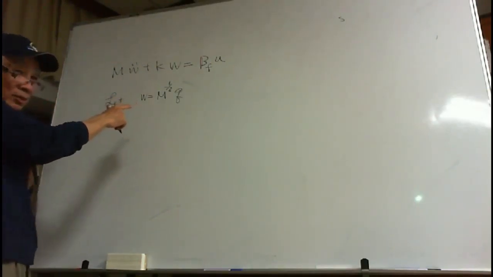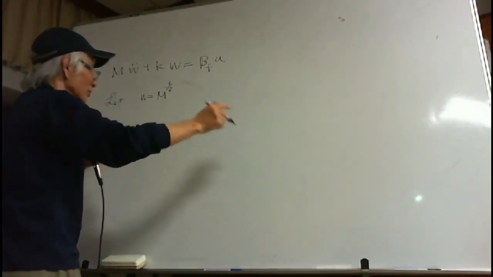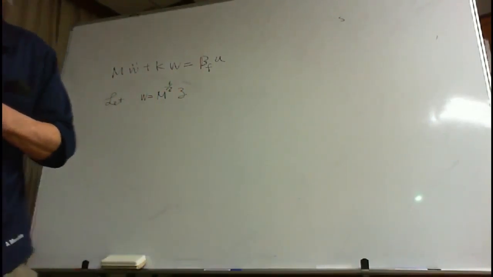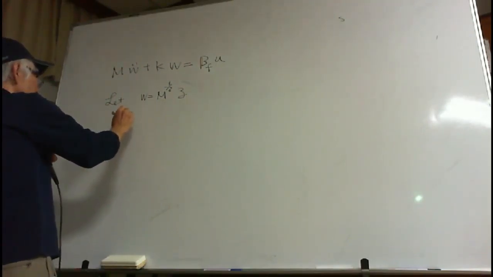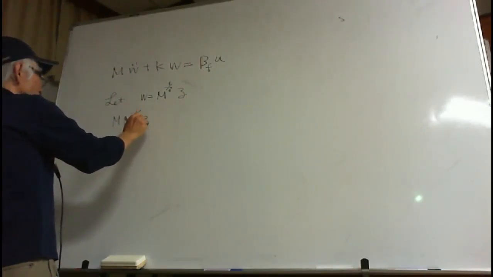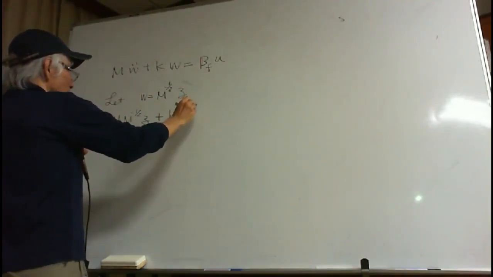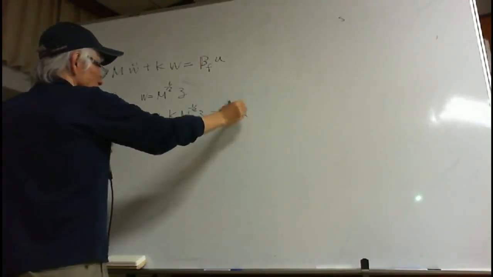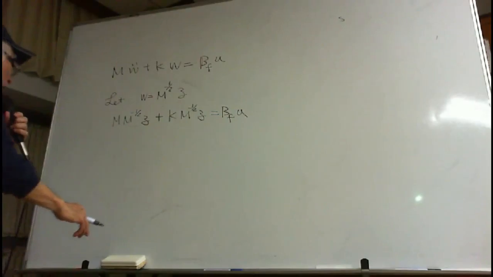That's one kind of transformation. Now forget about Q, because that will confuse you; say Z. Then M times M to the minus half Z double dot plus K M to the minus half Z equals B F U. Agree?